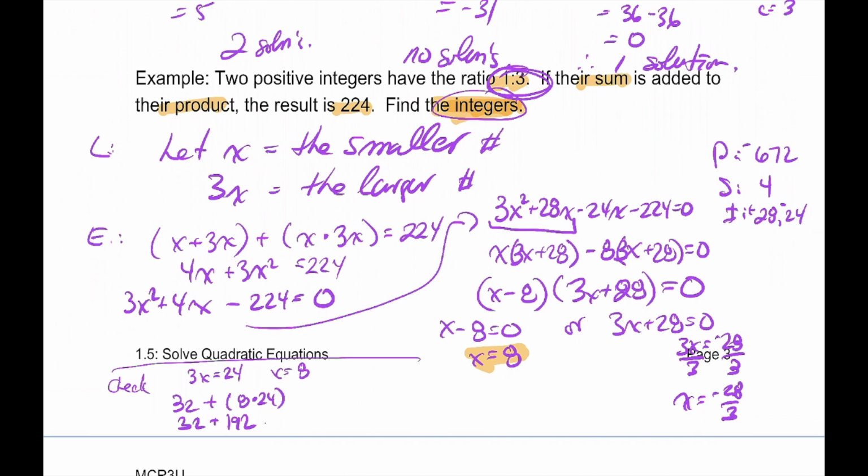Well, 32 plus 192 is going to give me 224. Which is what we wanted.